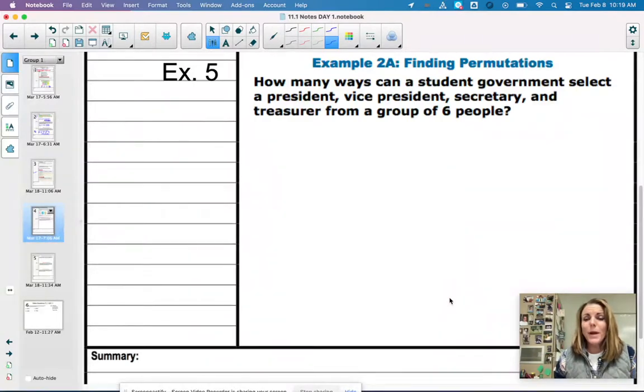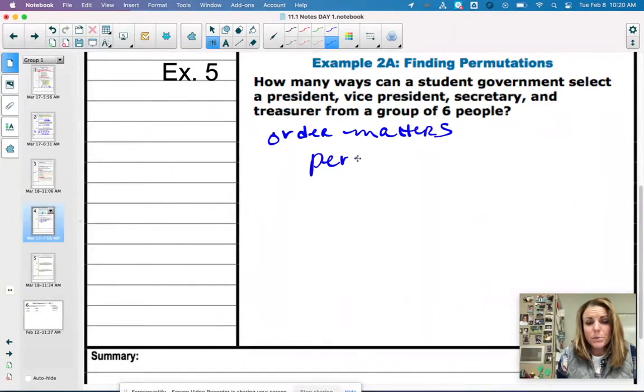Whenever we're talking about how many ways can a student government select a president, vice president, secretary, and so forth, or how many ways can we select a captain and an assistant captain and a manager, or how many ways can we select first, second, third place, all those, only one person can have that role, so therefore order is going to matter. So on this example, order matters, and when order matters, it's called a permutation. You want to get in the habit of remembering that.